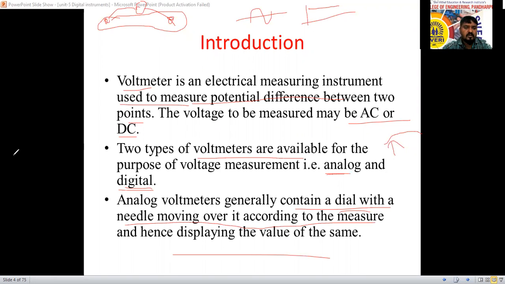Here some dial is there, and here the calibrated scale is there. We use a dial which moves the pointer, and where the pointer indicates is the displayed value. That is called analog instruments.